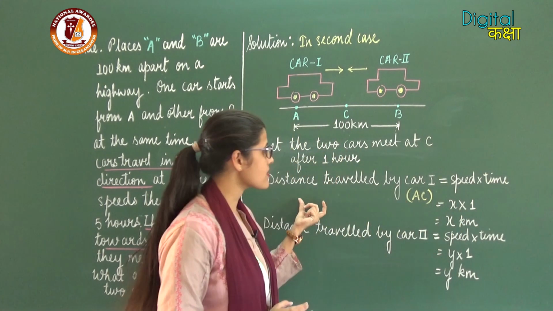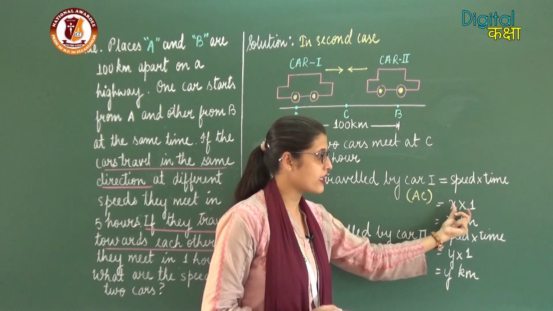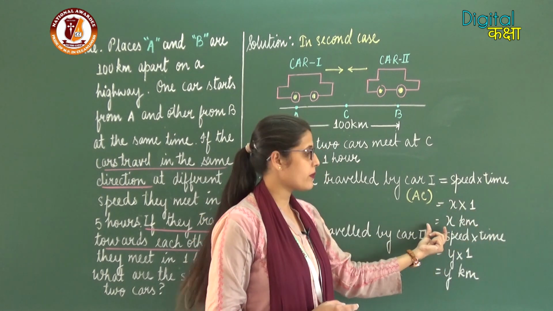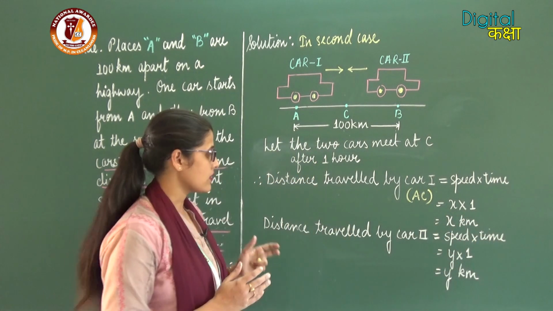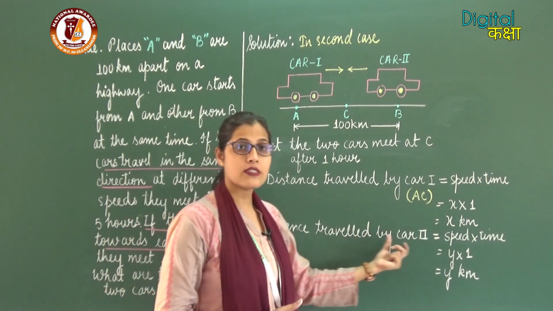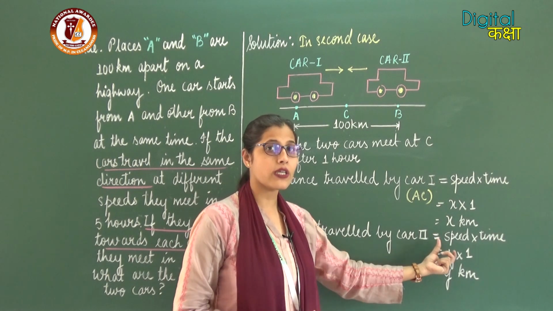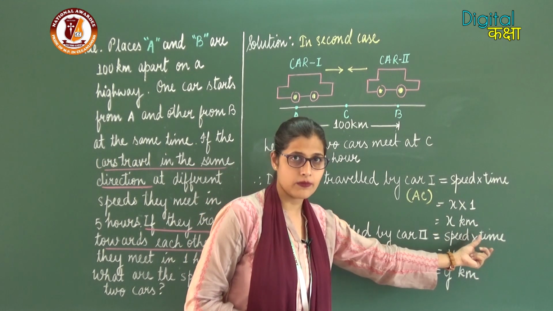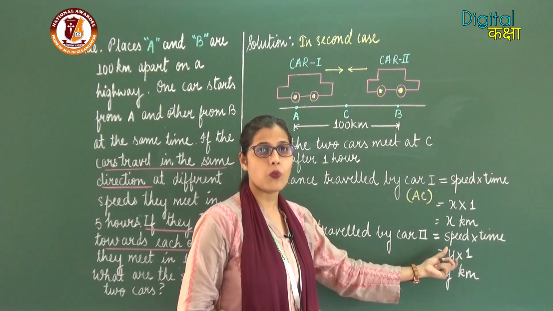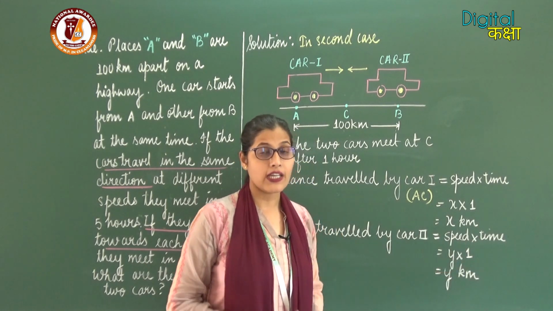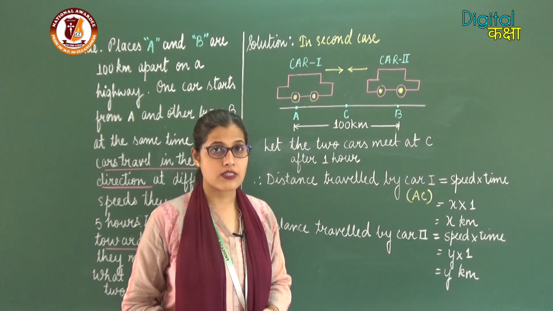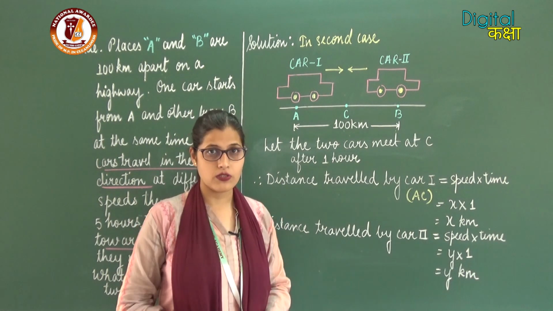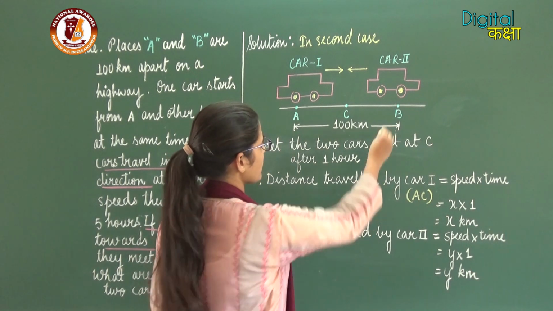So, the distance travelled will be x into 1, which is equal to x kilometer. Similarly, the distance travelled by the second car will also be speed into time, which is y into 1. That means the second car will travel the distance y kilometer, which is equal to BC.